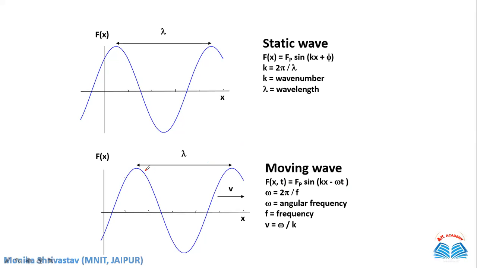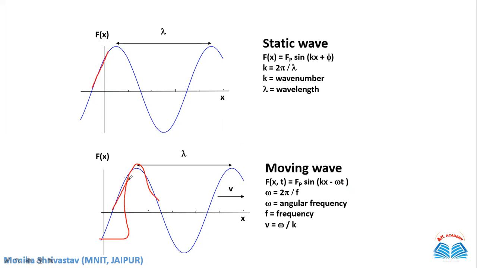But when the wave is moving, like it is moving with velocity v in the x direction, at the initial time you can see that the wave was here, but after some time the wave has come forward and it is now here. Like you can see, initially it was here, now it is here.